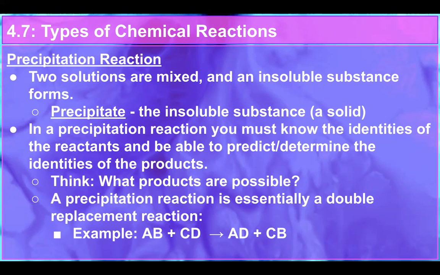So essentially what we would see is maybe a cloudy mixture would form, or the solid would start settling at the bottom. But essentially we would get something that would look a bit different than just mixing the two solutions together.